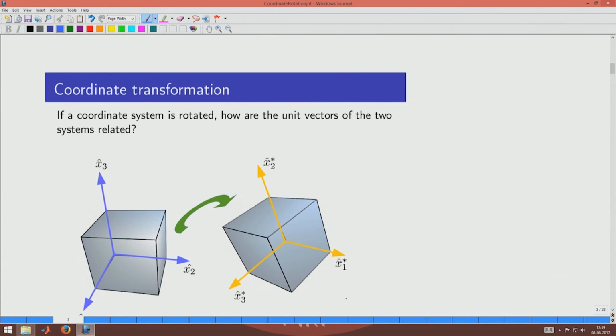So, this is what we mean by the rotation of the coordinate system. As I have shown in the image, the location of the three unit vectors has now changed. Now, when that changes, how do we represent the new coordinate system in terms of the old coordinate system and vice versa, and if there are quantities such as vectors, how do we represent the components when the coordinate system has changed? So, this is the task that we have ahead for this session.